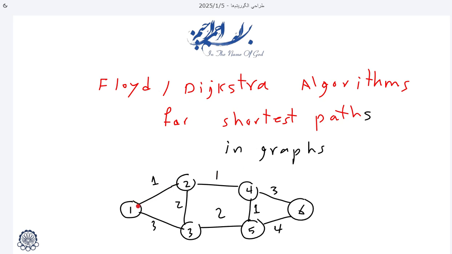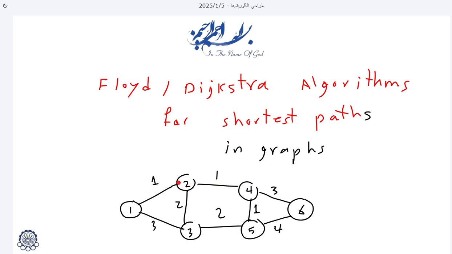There are other paths from node 1 to node 6. For example, if we go from node 1 to node 2, then node 4, then node 6, in this path we have weight 1 and another weight 1, and then weight 3. The sum of the weights becomes 5.